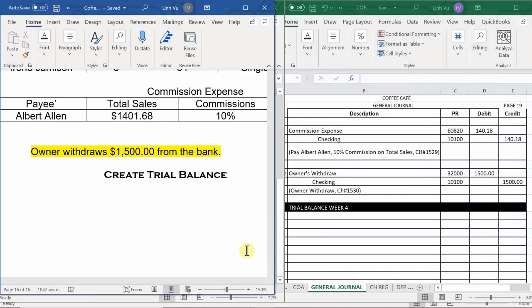Now, if you would like, you can have a separate list for the owner. But at this point, he could do whatever he wants because he's the owner. So if you want to have the owner as part of the company, you can. In QuickBooks, we learned that that's going to be considered an other name list.